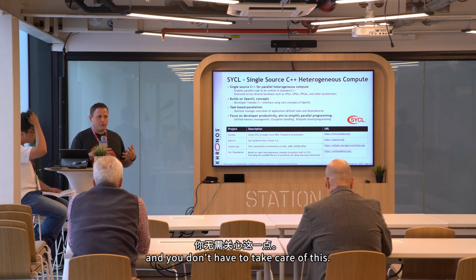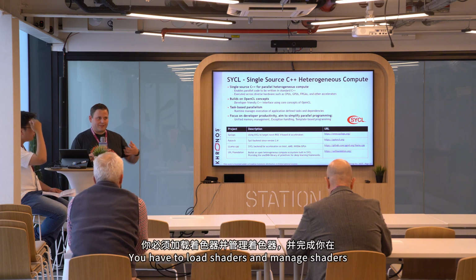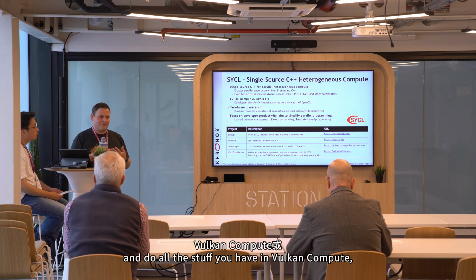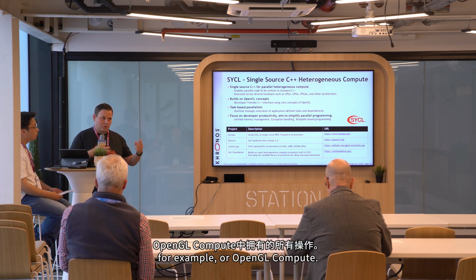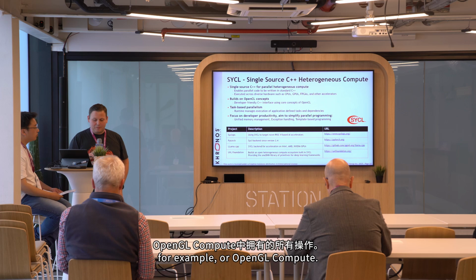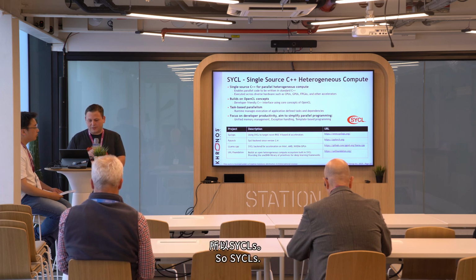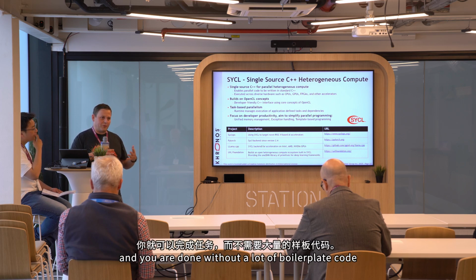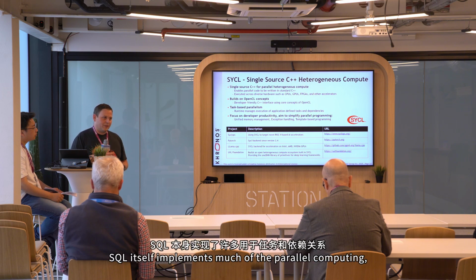And you don't have to take care of this. I have to load shaders and manage shaders and do all the stuff you have in Vulkan Compute, for example, or OpenGL Compute. So SYCL's focus is really developer productivity, single-source compilation, execution, and you are done without a lot of boilerplate code around.